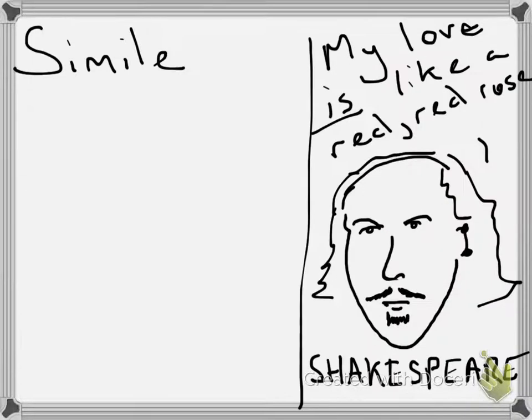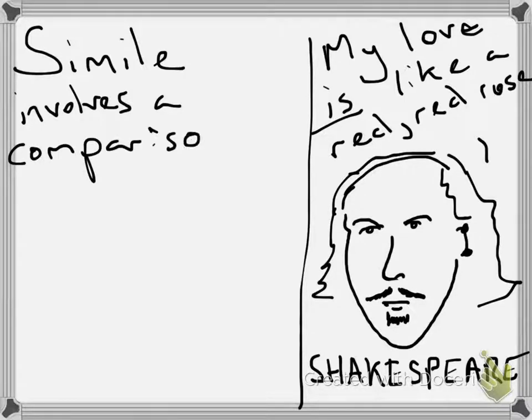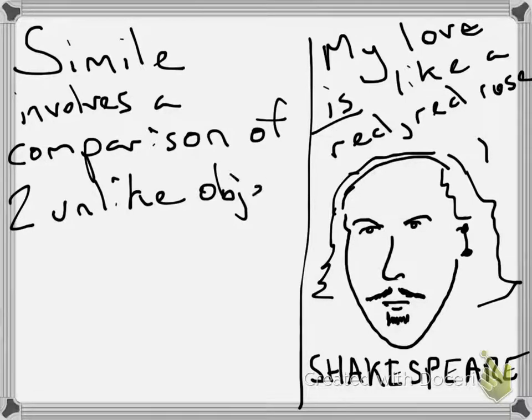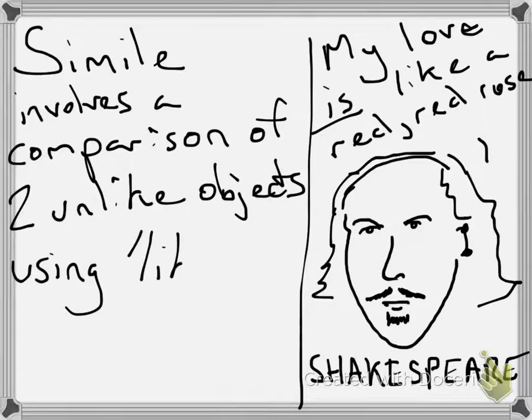Comparatively, we have a simile. A simile is similar. It involves a comparison of two unlike objects. The only difference is this time we use like or as.